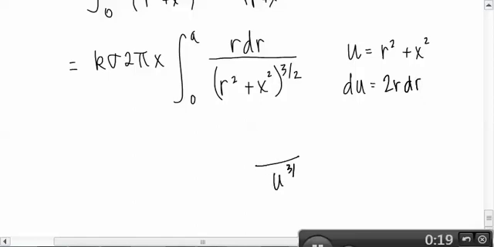U to the 3/2. Okay, and now look, r dr. I can divide by 2 on both sides, and r dr will be the same thing as du over 2.